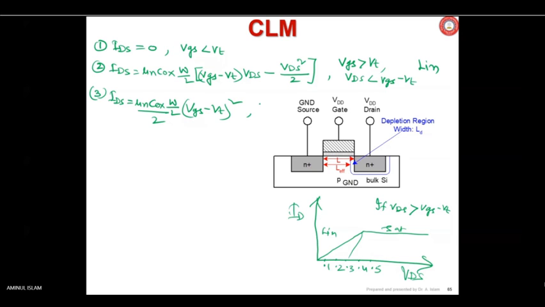This is the case when VGS is greater than VT and VDS is greater than or equal to VGS minus VT. This condition is the saturation region condition. Remember, this condition is for saturation, this condition for linear, and this condition for cutoff. Cutoff means no current.